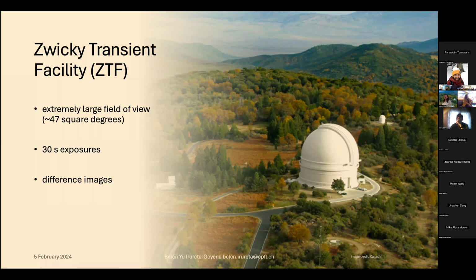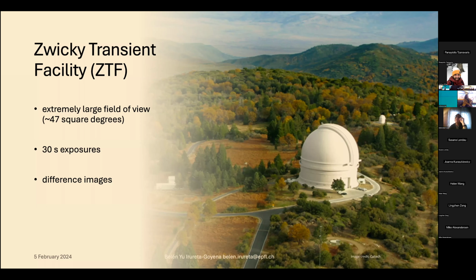So in this sense, our work has been focusing on the Zwicky Transient Facility, which is a telescope in the Palomar Mountains in California, and it has an extremely large field of view, 47 square degrees. For asteroid detection, it typically uses 30-second exposures and what are called difference images.